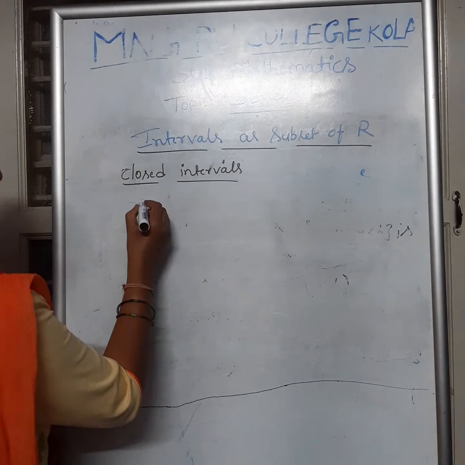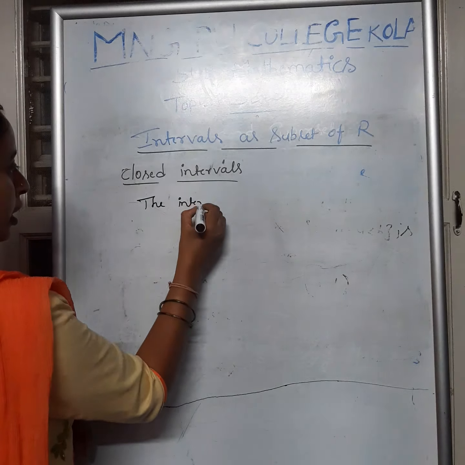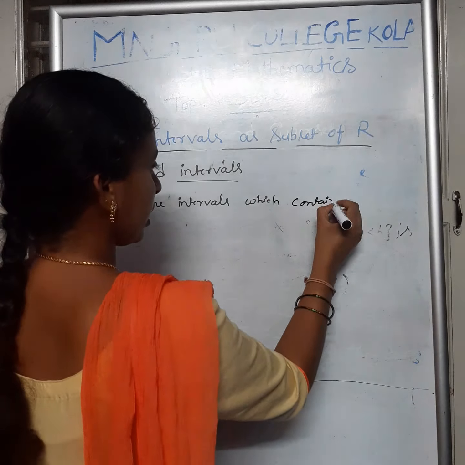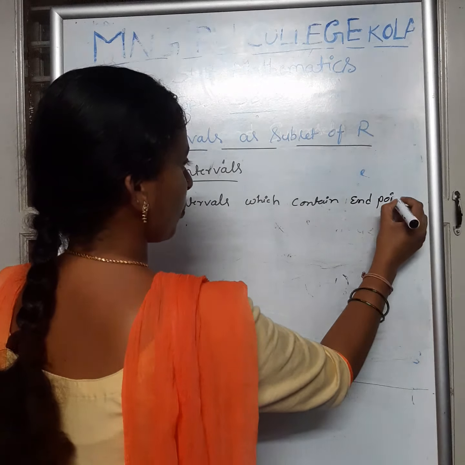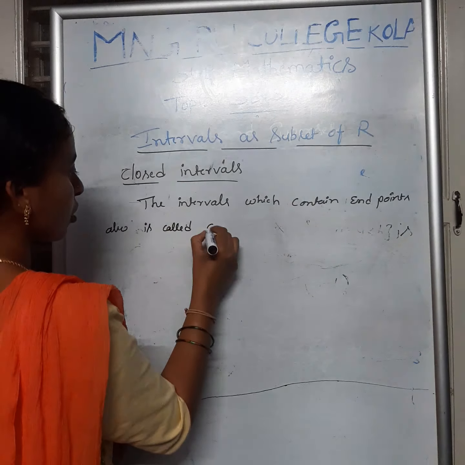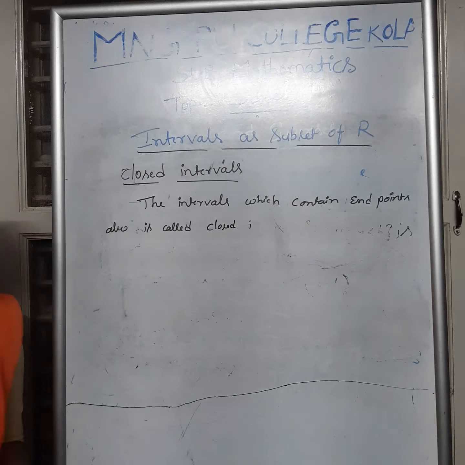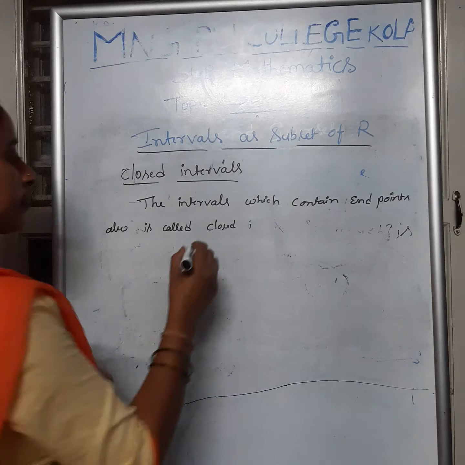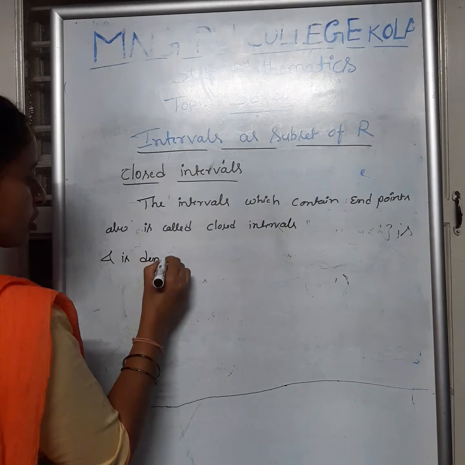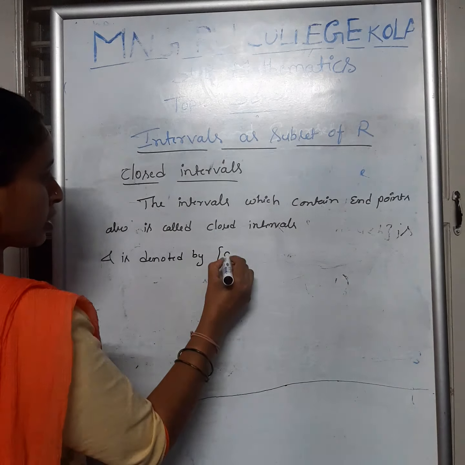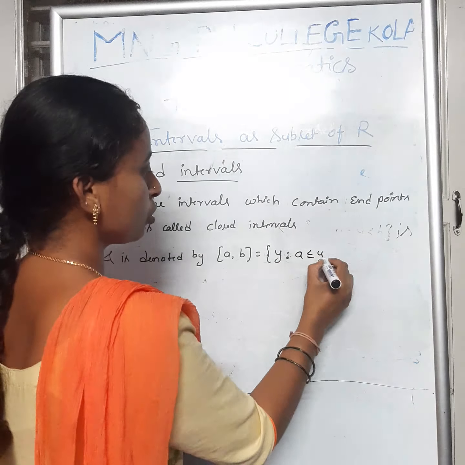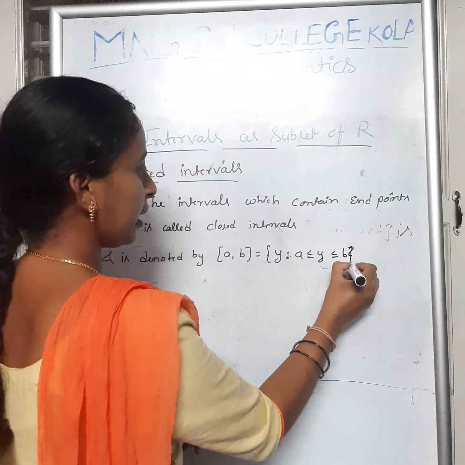The intervals which contain end points also are called closed intervals, and it is denoted by closed interval [a, b] equal to y such that a is less than or equal to y is less than or equal to b.